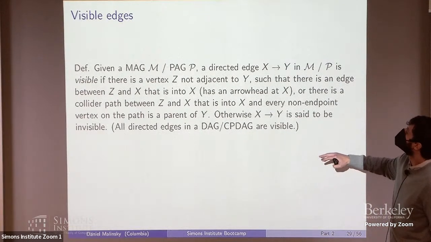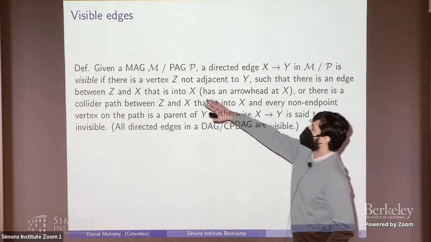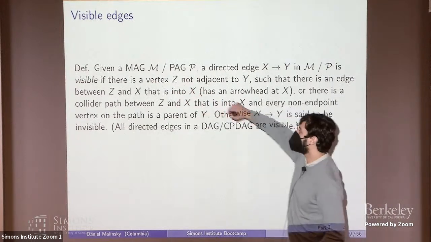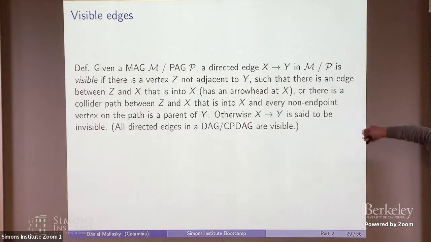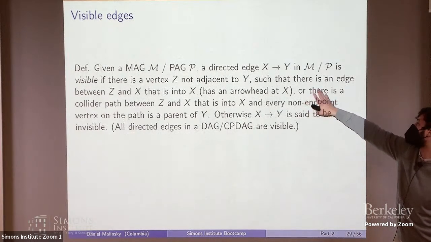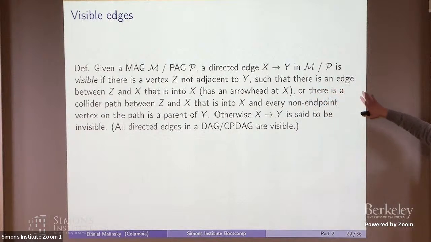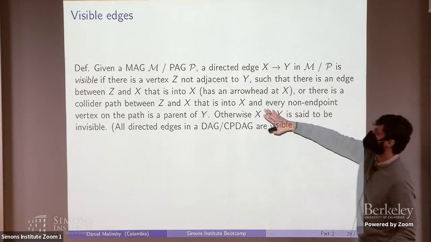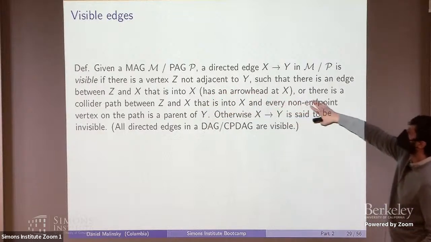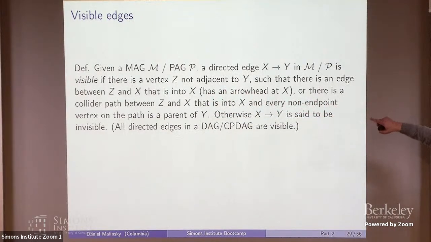If I have a MAG or a PAG, call it P, and a directed edge in that graph from X to Y, we call it visible if there exists a vertex Z not adjacent to Y, such that there's an edge between Z and X that is into X, meaning it has an arrowhead at X, or there is a collider path between Z and X that is into X, and every non-endpoint vertex on the path is a parent of Y. Otherwise, that edge is called invisible.